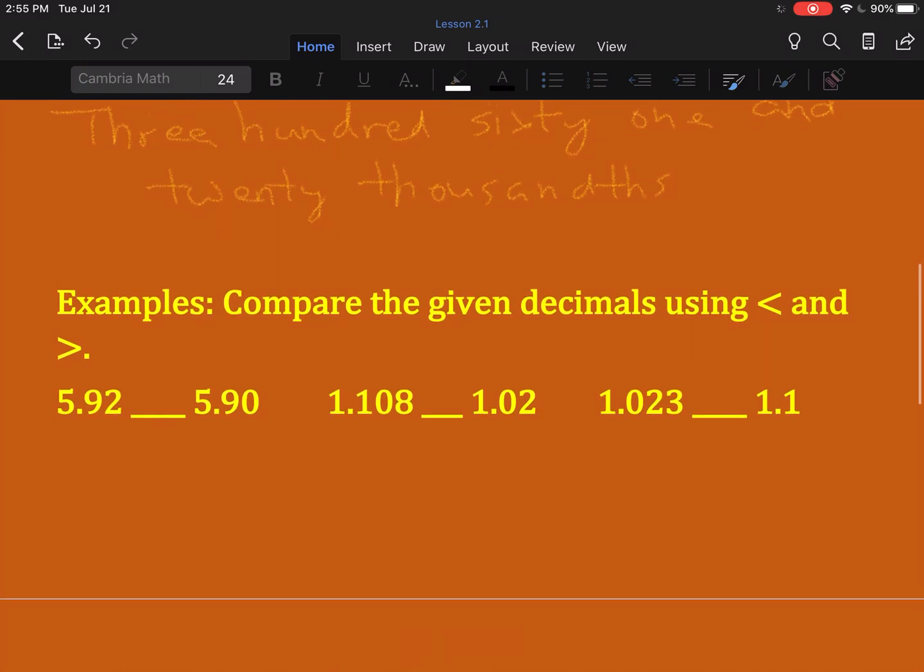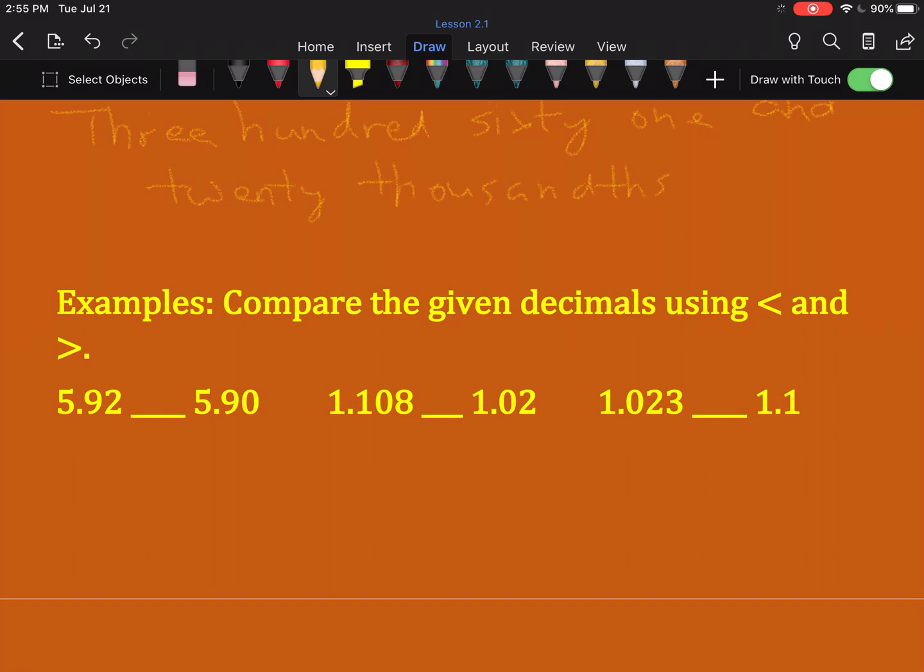Comparison. Okay. So here's how I look at these when I compare. I look at the first digit, they're the same. Look at the second digit, they're the same. Look at the third digit now, and the 2 is bigger than the 0, so this is a greater than. By the way, don't forget to make sure that there's the same number of numbers in front of the decimal point. These are both 1 point something, so that's fine. Before the decimal point, we have ones that are the same.